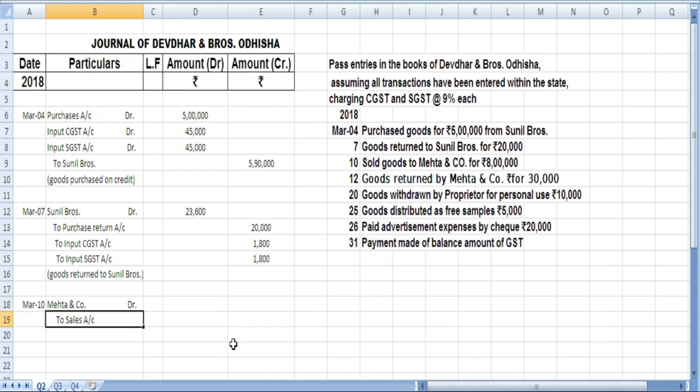What we normally write, the income in the nominal account we credit. Now along with this, we will write to output CGST account and to output SGST account.